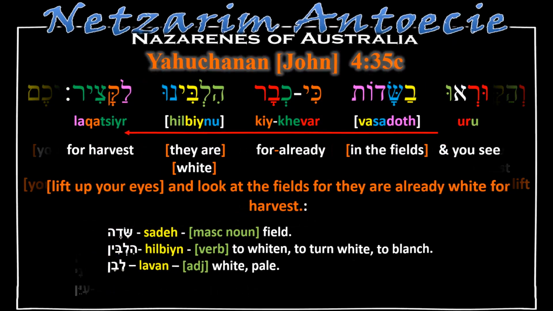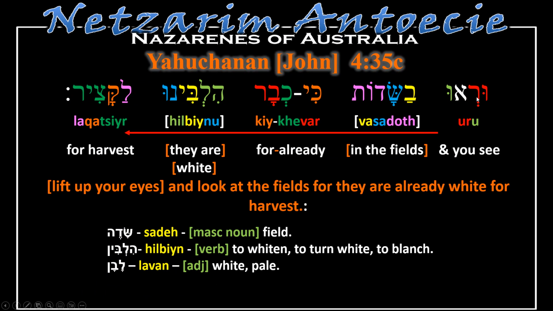And now we come to 35c. And we've got a Vav, a Resh, and an Aleph, a Vav, Vet, Sin, Dalet, Vav, Tav, Kaf, Yod, Kaf, Vet, Resh, Hey, Lamed, Bayit, because the dot, Yod, Nun, Vav, Lamed, Kuf, Zada, Yod, Resh.